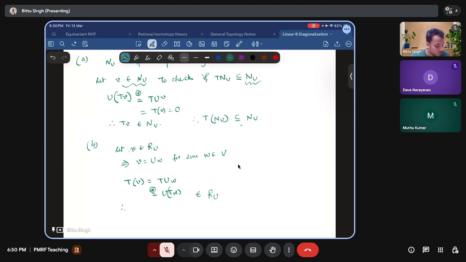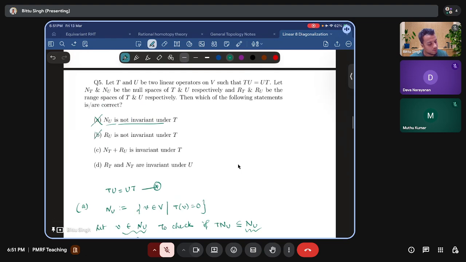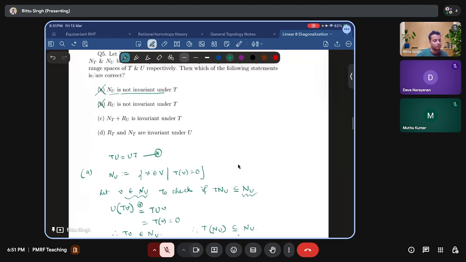Therefore, it is clear that RU is T invariant. So A and B are both false.